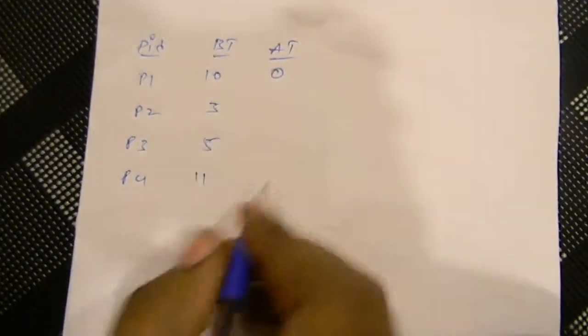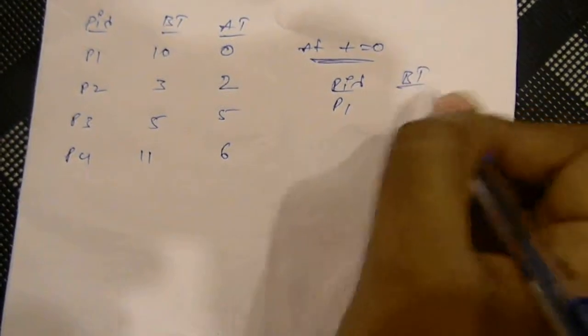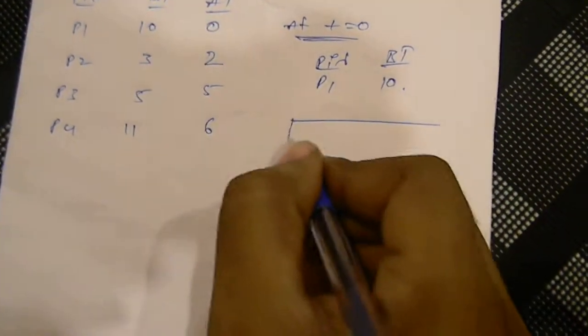Now let us consider P1, P2, P3, P4 with burst times 10, 3, 5, 11. For example, P1 arrives at 0 milliseconds, P2 arrives at 2 milliseconds, P3 arrives at 5 milliseconds and P4 arrives at 6 milliseconds. That means at t equals 0 milliseconds, there is only process P1 with burst time 10. Now the CPU starts executing P1 until the next arrival time.